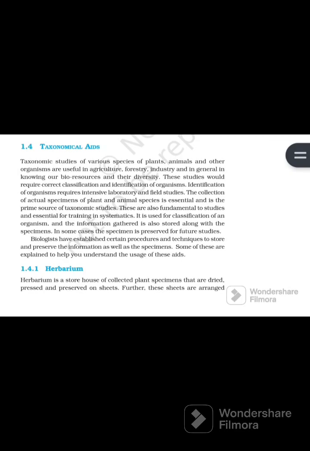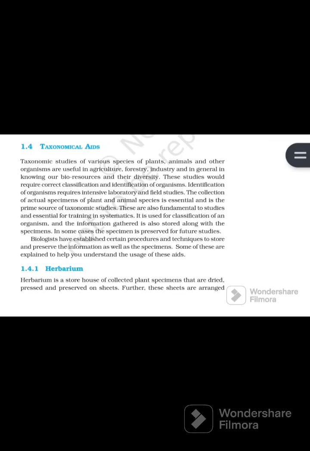The collection of actual specimens of plants and animal species is essential and is the prime source of taxonomic studies. These are also fundamental to studies and essential for training in systematics. It is used for classification of an organism, and the information gathered is also stored along with the specimens. In some cases, the specimen is preserved for future studies.